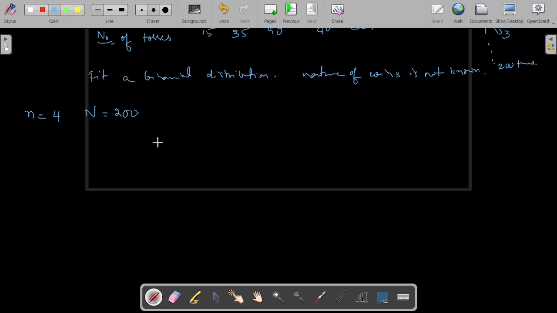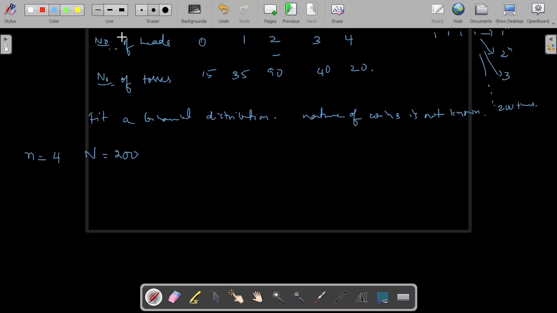First, let us find out the mean of the given frequency distribution. So this is the number of heads, that is the random variable value x, and this is f, the number of tosses, which is the frequency. So we have the tabular column here. x is 0, 1, 2, 3, 4. f is 15, 35, 90, 40, 20.